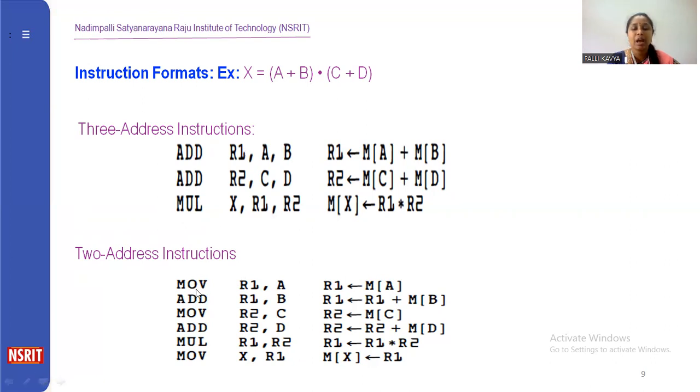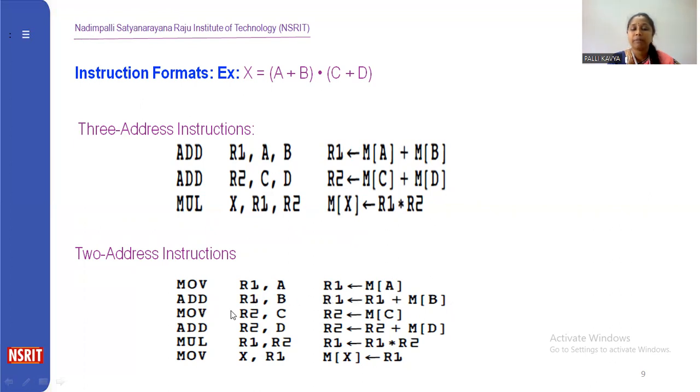Initially we have to move the data stored in A into R1. That's why we are using the operation move R1 comma A. M of A, nothing but the data stored in A, will be moved to R1. Then add R1 comma R2, so the data stored in B is added to R1. This is represented here in register transfer notation.